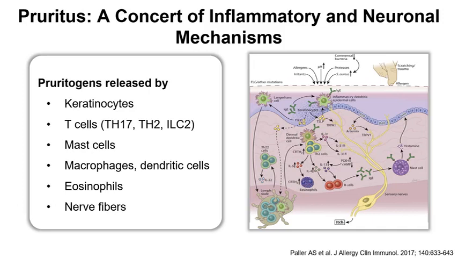Interleukin 4 and interleukin 13 are also pruritogens, and they are also released by Th2, and they might also bind to the nerve fibers directly to induce pruritus. But also mediators released by keratinocytes, such as TSLP, also bind to the nerve fibers and directly induce pruritus. So you see we have here many possibilities of itch induction in atopic dermatitis.